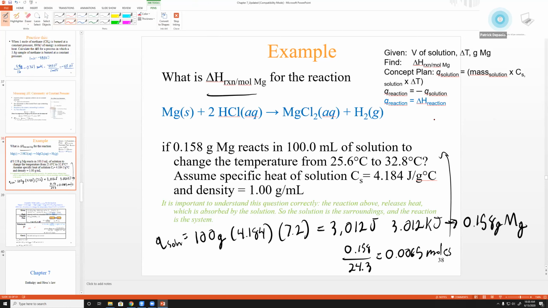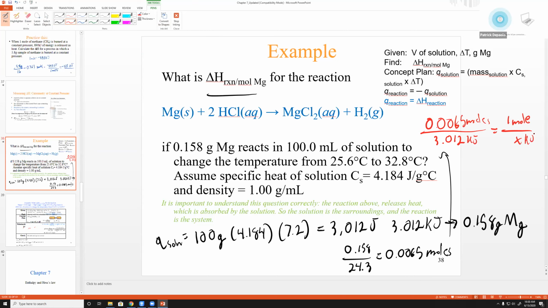So we know that there are different ways to do this, but let's just do the proportion. We know that 0.0065 moles is responsible for 3.012 kilojoules. Then how many kilojoules is 1 mole responsible for?